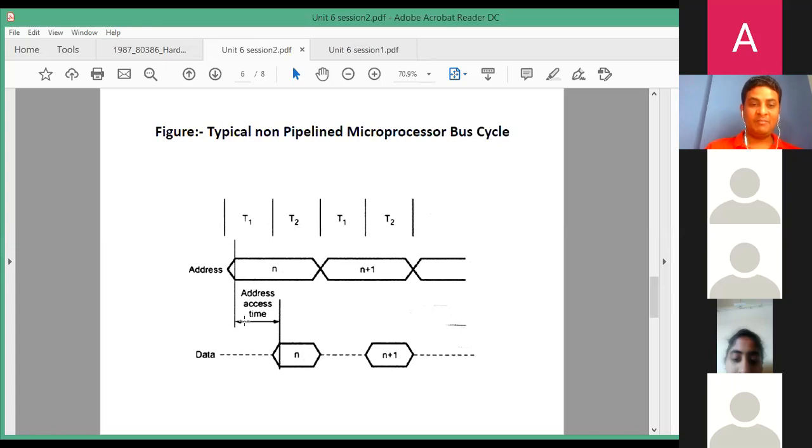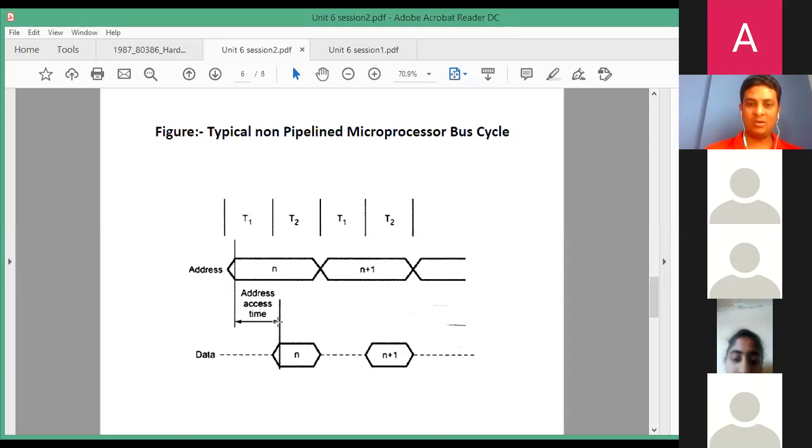So T1, once it is high, indicates the address access time. Whenever we calculate the address, it is placed in the MAR, the memory address register. From the memory address register, it is placed on the address bus, and the address bus gets control signals from the control unit.